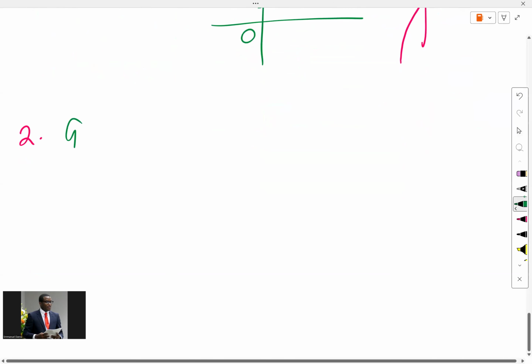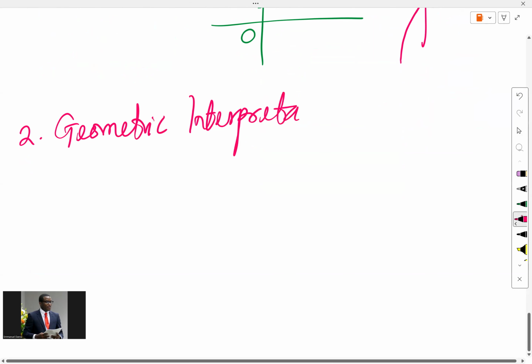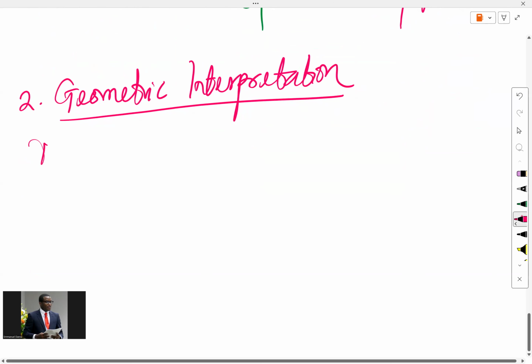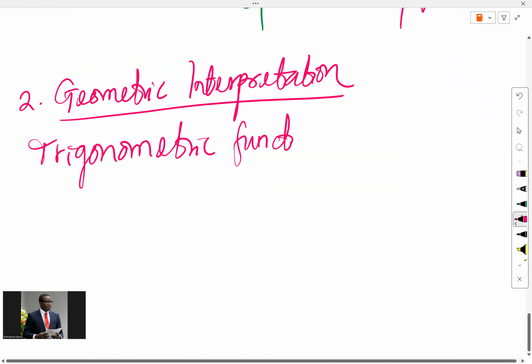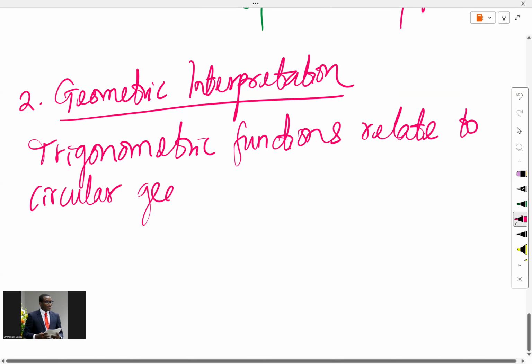So let's talk about their geometric interpretation. First of all, trigonometric functions relate to circular geometry.